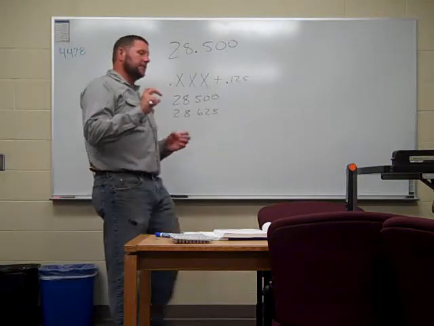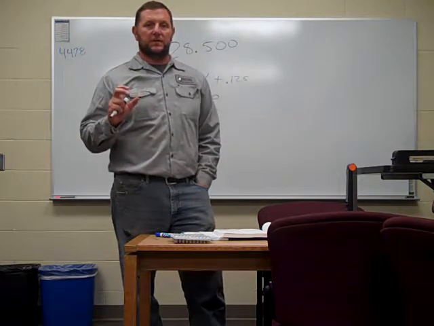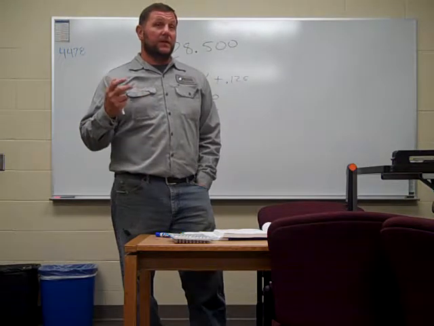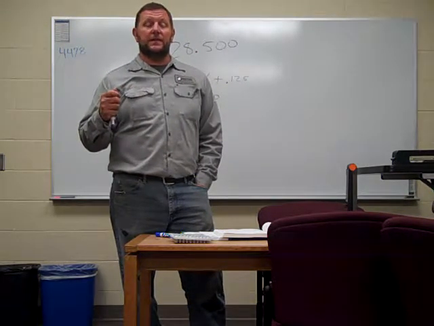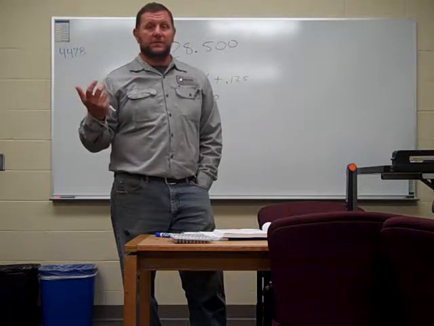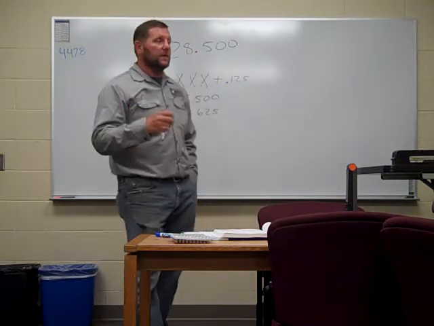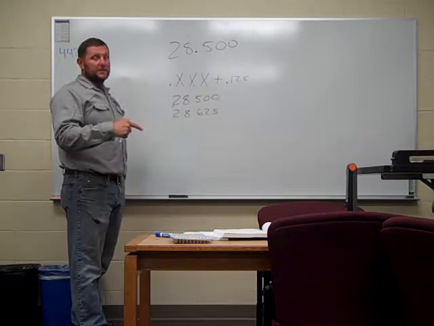And be careful on test questions, because the question is going to ask what's my maximum dimension. That means you add that tolerance to that dimension. So let's say it was 3.5, and it asks what's the max dimension, and your tolerance is plus 0.25, so it'd be 3.75. If they're asking you for a max or min, that means you apply those tolerances to that question.